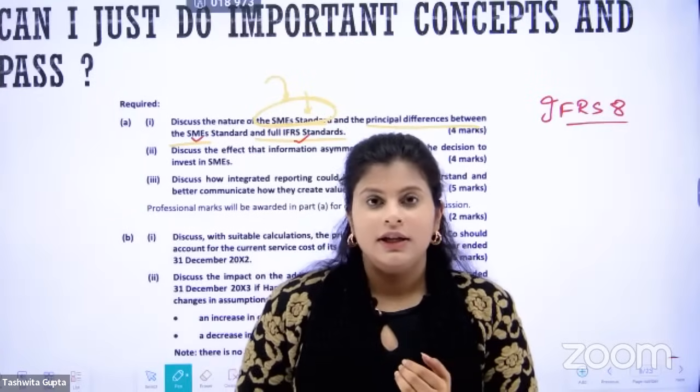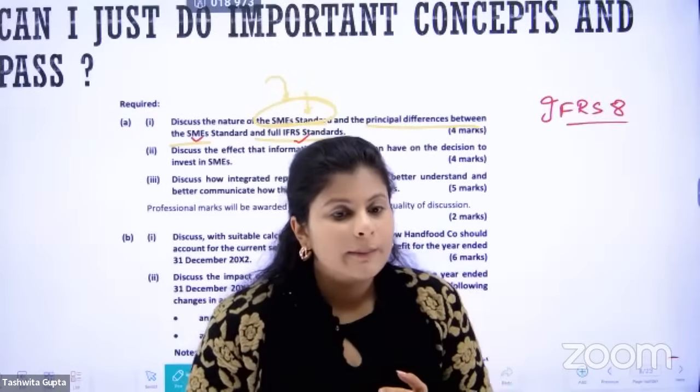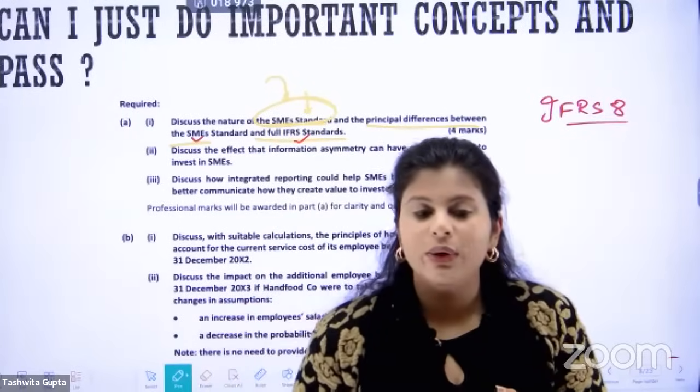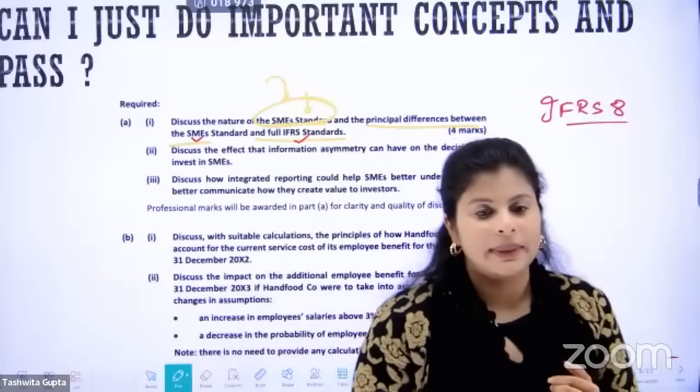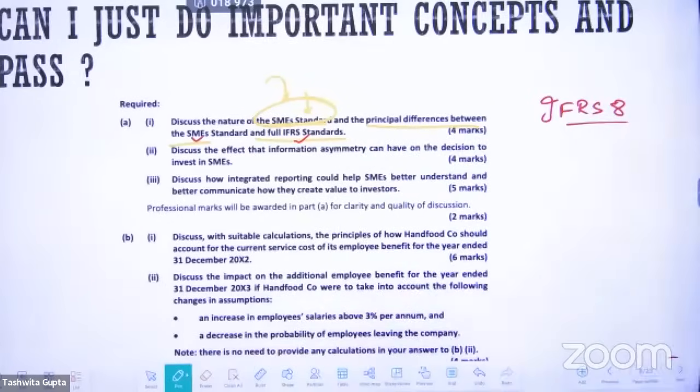First of all, the goodwill. Are they calculating both types of goodwill? No, they're only calculating one type of goodwill. So which goodwill are they calculating in SMEs? What is their exemption? They're calculating partial goodwill.